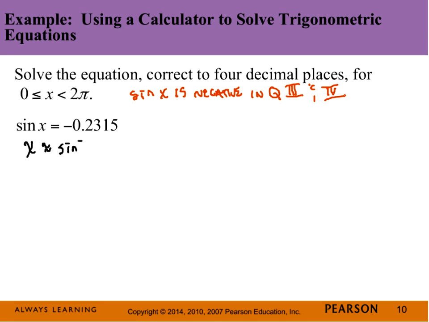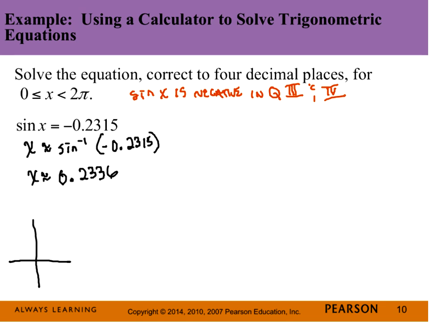So x is equal to the inverse sine of negative 0.2315. And when I put that into my calculator, I get that x is approximately 0.2336. Okay, so that 0.2336 is the value in quadrant 1. But we need to know for quadrant 3 and for quadrant 4.